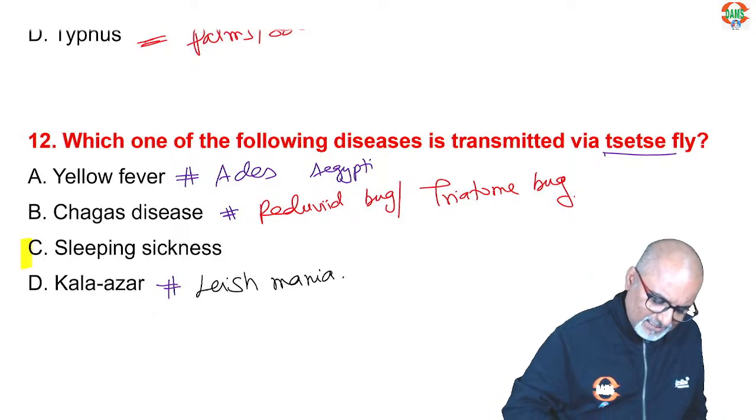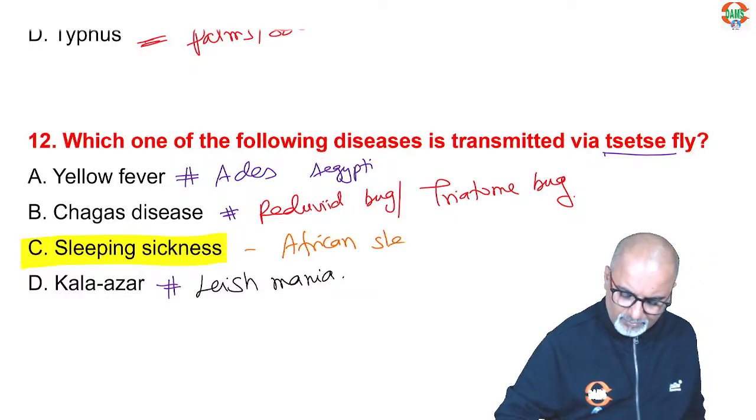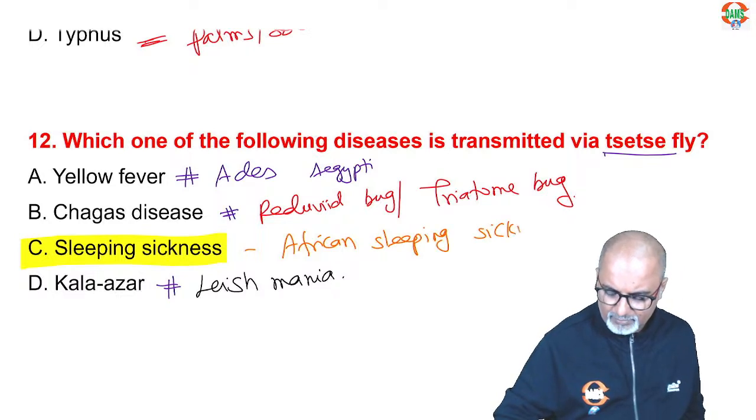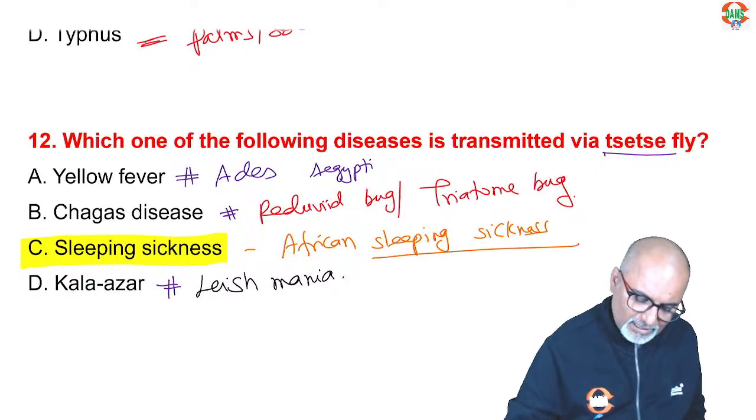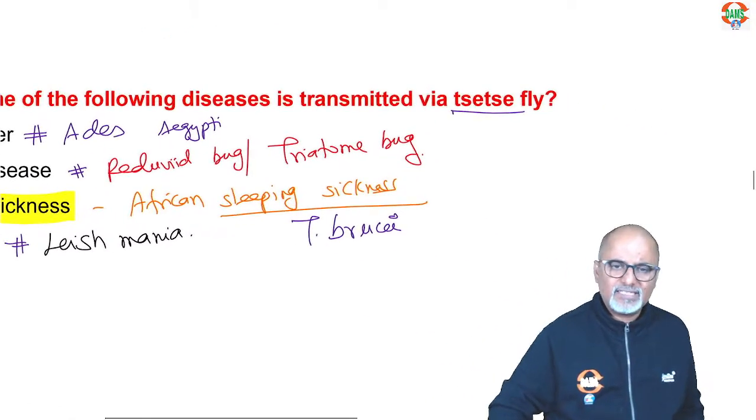African sleeping sickness, caused by Trypanosoma brucei. We have West African and East African.